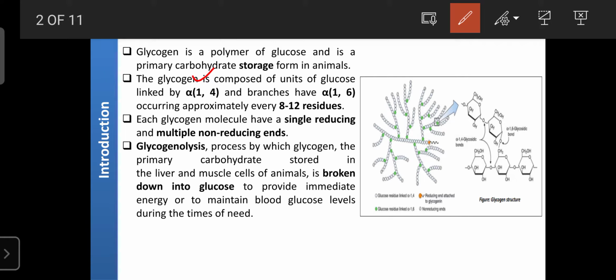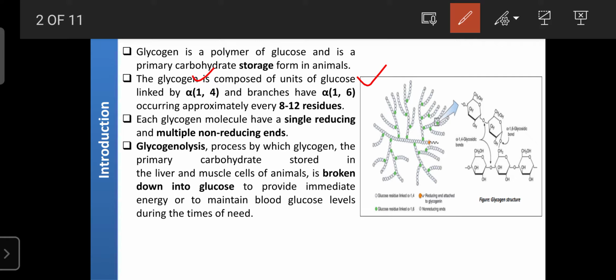Those branches of glucose residues are bound together with the help of the alpha 1,6 glycosidic bond. So these are the two bonds present in glycogen. Glycogen consists of residues of glucose molecules.